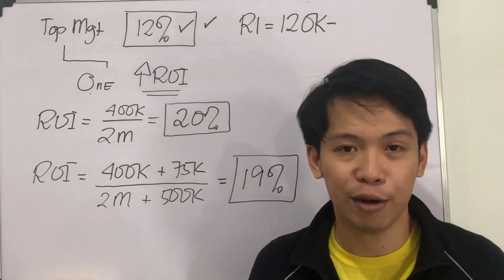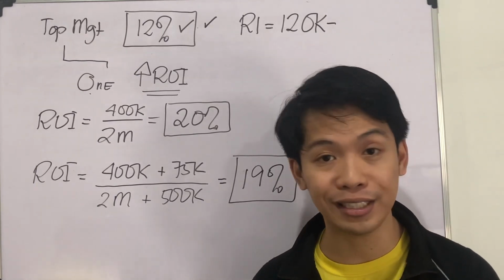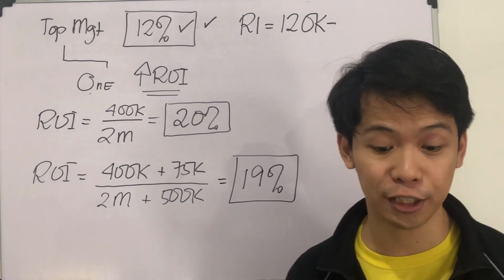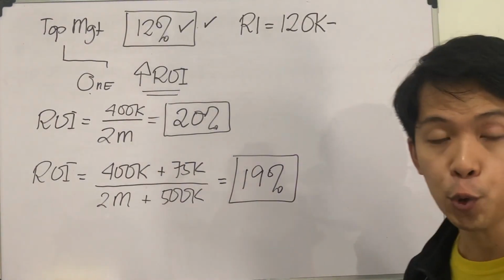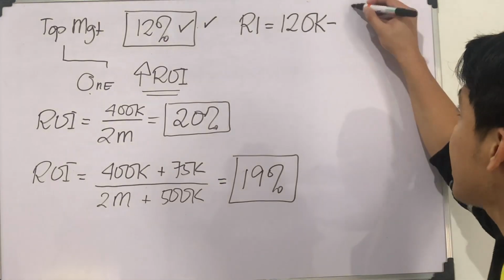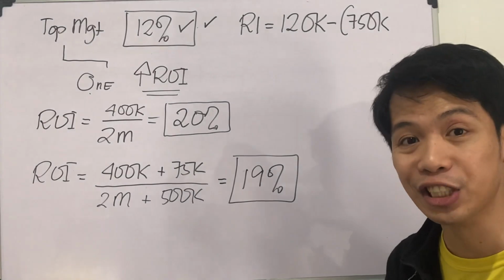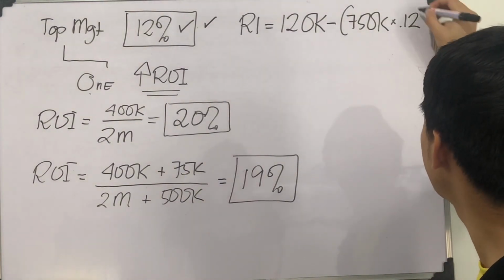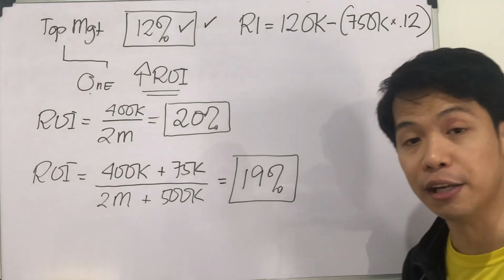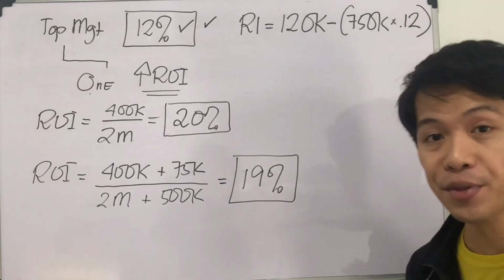Again, balance sheet accounts, this should be average, beginning and end, so that it would be consistent with the period of operations. 700K plus 800K divided by 2 is 750,000. Accordingly, this should at least earn 12%. 750,000 times 12%. That's your minimum income.